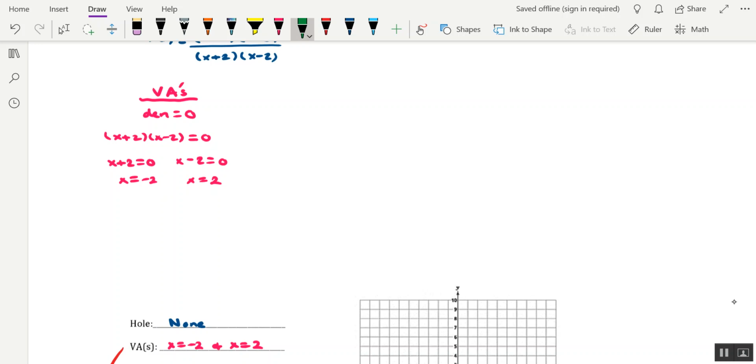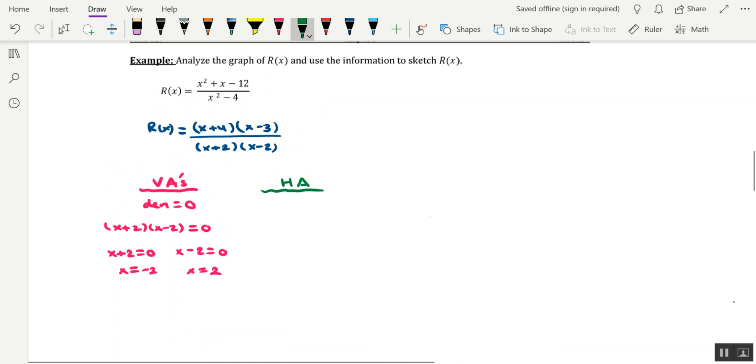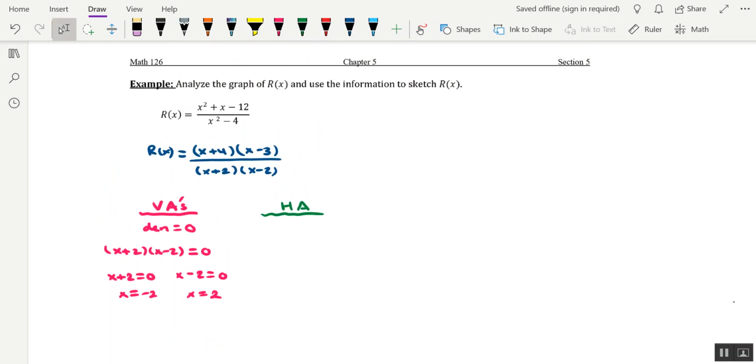So let's talk about any horizontal asymptote. When you go to find the horizontal asymptote, if any, you want to compare the degrees of the two polynomials, and I recommend doing that when each of those is in standard form. So if you look at the degree of the numerator, that degree is equal to 2, and the degree of the denominator is also equal to 2.